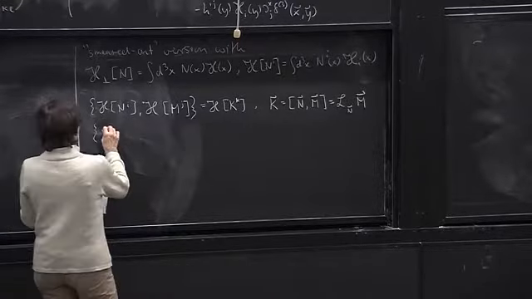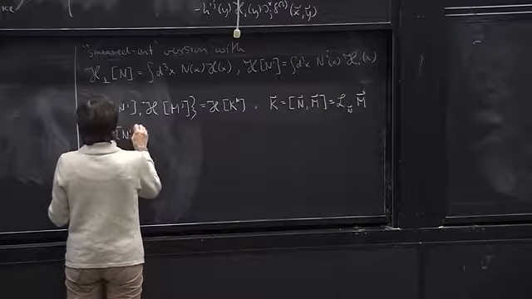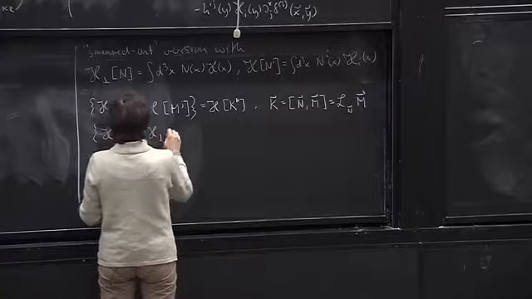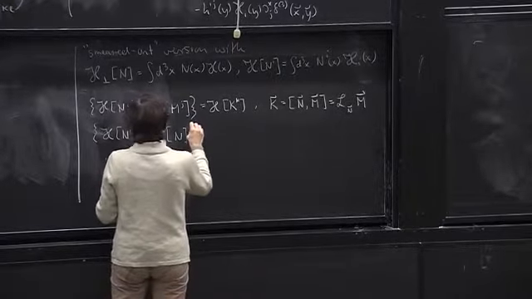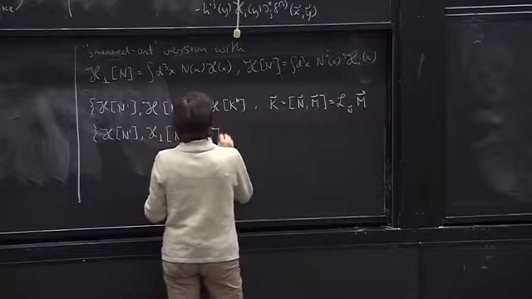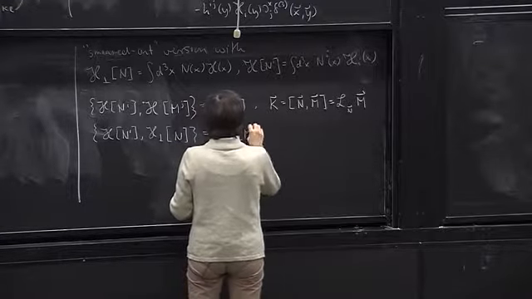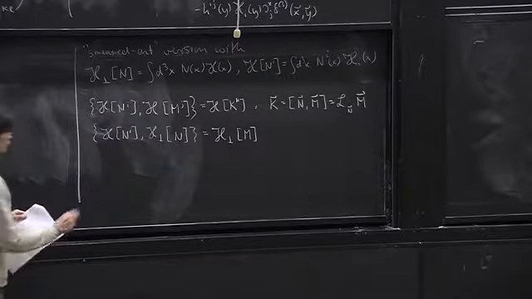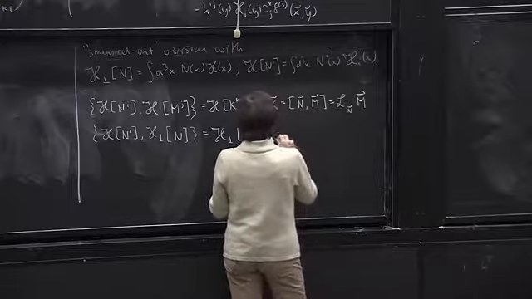Now, what are the other two relations? The smeared out momentum constraint Poisson bracket with a smeared out Hamiltonian constraint gives me back a Hamiltonian constraint with a new smearing function. And now I have to tell you how this depends on the n^i and the n on the left-hand side.